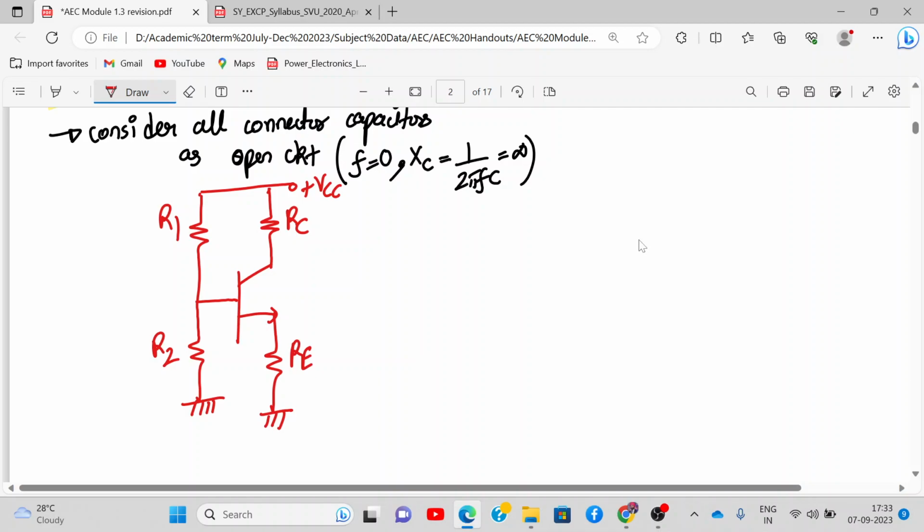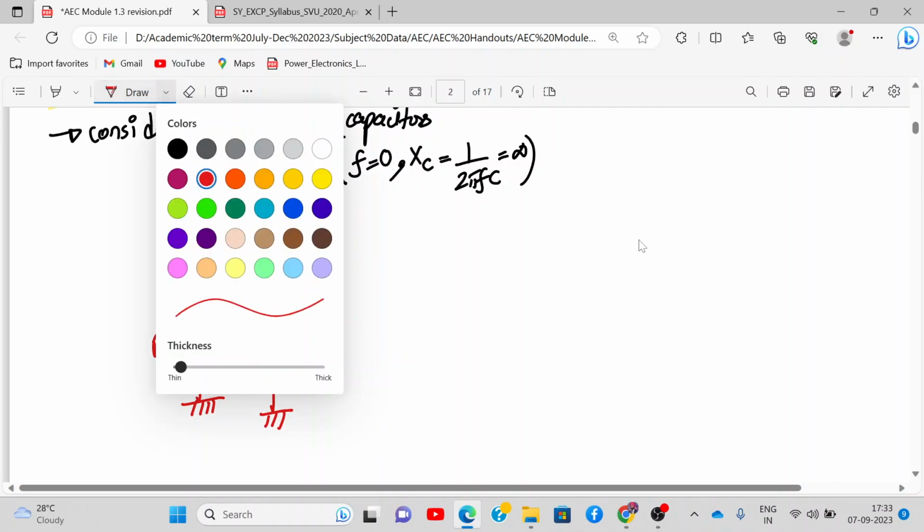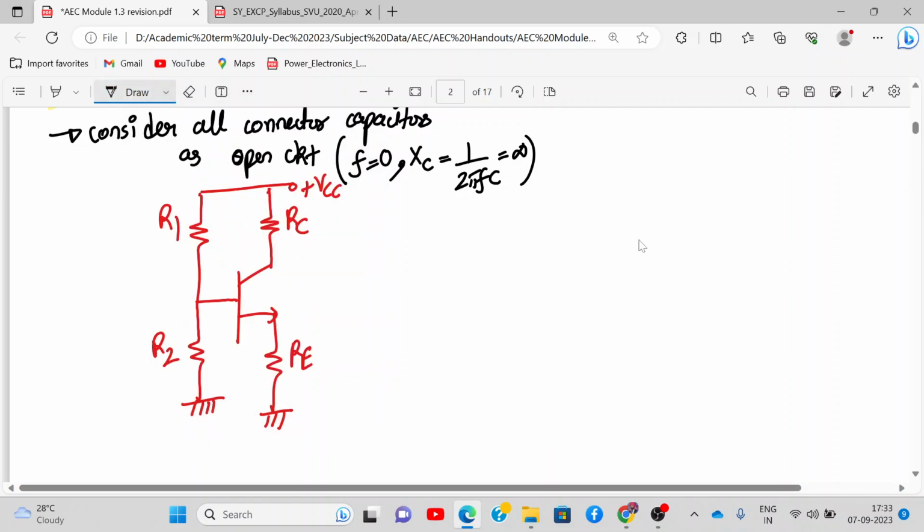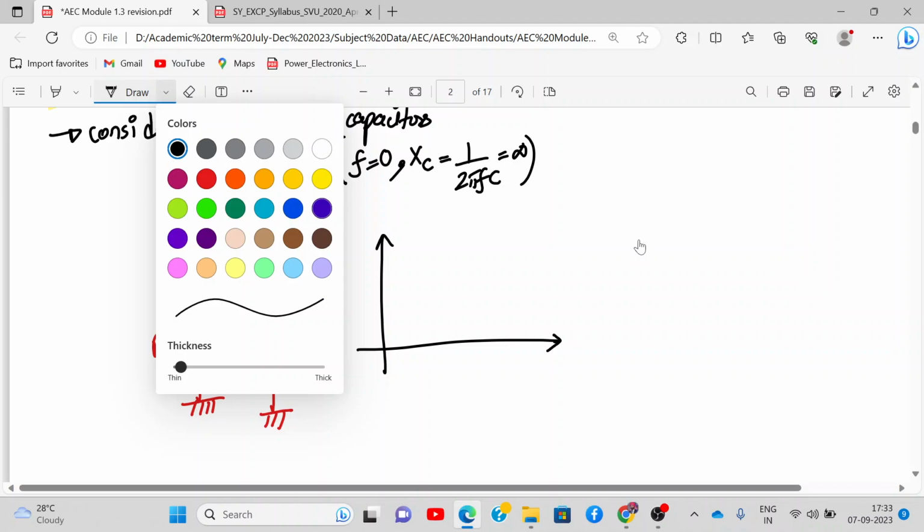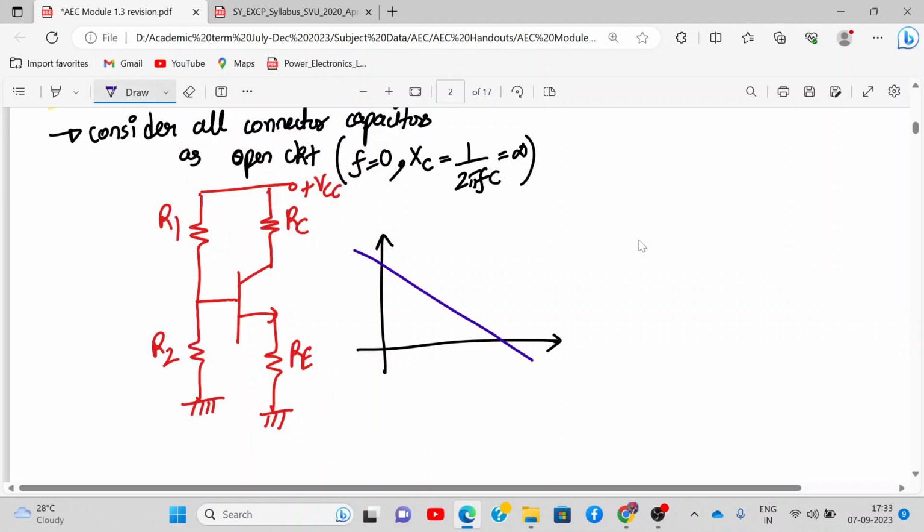From this DC analysis, what do we get? We'll plot the DC load line to interpret it better. I've taught you last time how to plot a DC load line. We identified a Q point, that will be VCEQ and ICQ, and we fix it, and we don't want this Q point to shift further.